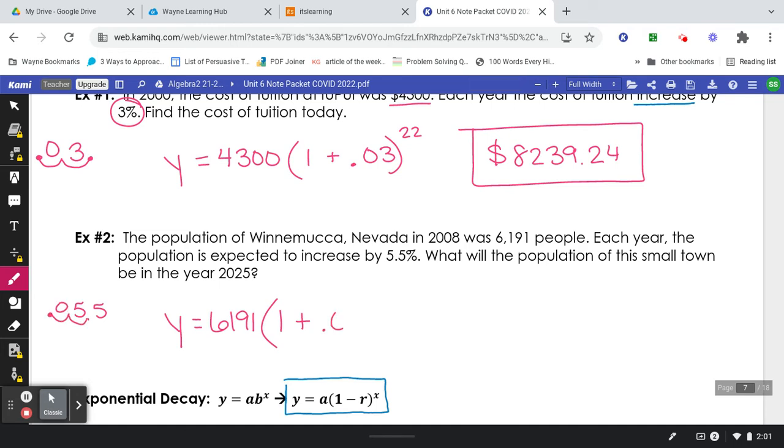So that becomes 0.055. What will the population of this small town be in the year 2025? So we have to figure out how far it is from 2008 to 2025. In order to do that, you would subtract 2025 minus 2008. And that's what would give you 17 years.